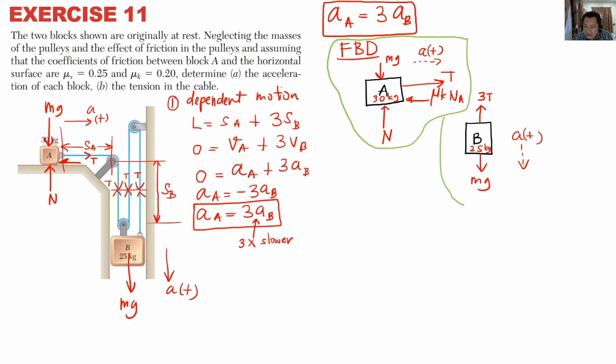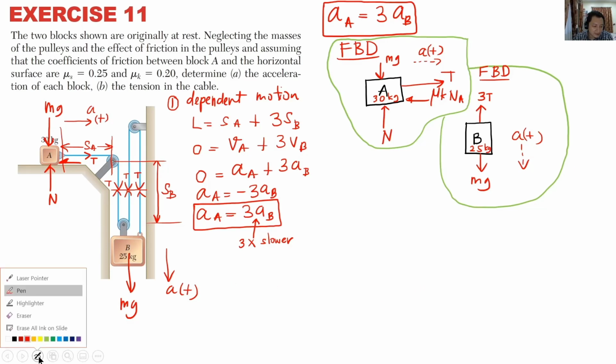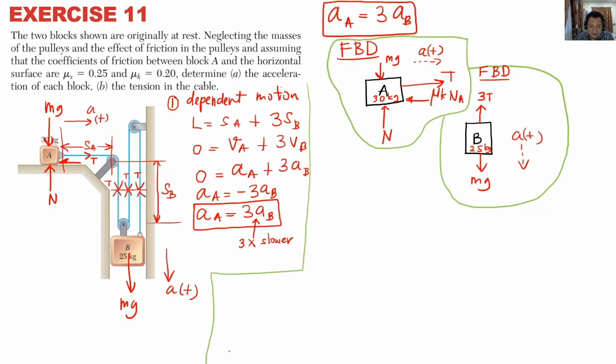And this is the second body that we need to analyze with its own free body diagram. So this one is FBD. Anything else? Nothing else. So now we can write our equation of motions. So this is the dividing line.